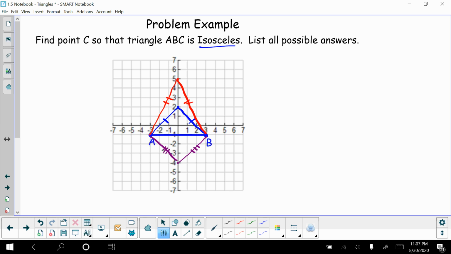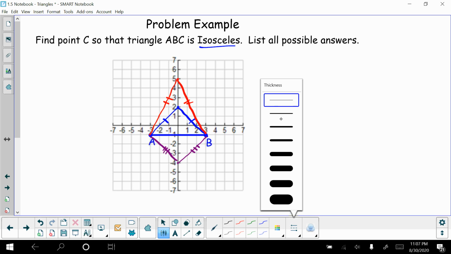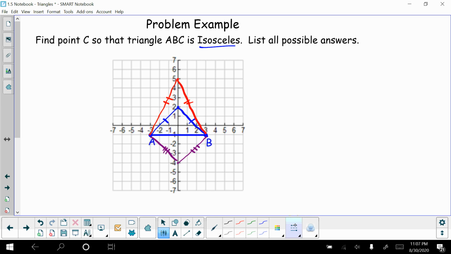So here's how you want to write that out. You want to write it with 0 always coming first, because it's always going to be 0 something. Like this one here was 0, 2. This one here was 0, 5. This one here was 0, -4. So it's 0 and some number. When we want to represent any number, we're going to say y in this case, because it's on this side of the coordinate plane, which is always y.